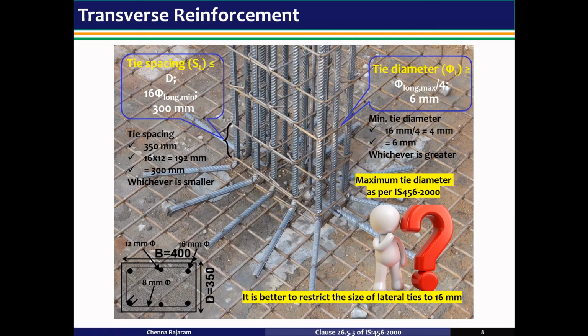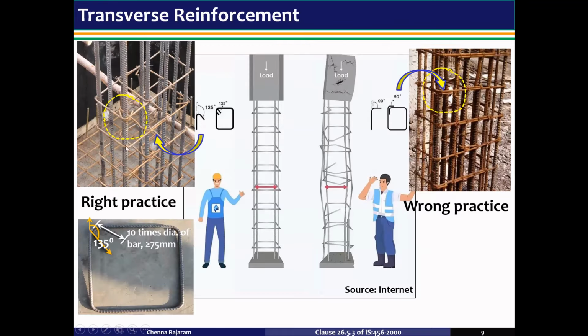The maximum tie diameter is not specified in IS 456, but it is better to restrict the size of the lateral ties to 16. The hook of the lateral tie is provided as 135 degrees rather than 90 degrees. 90 degrees is the wrong practice and 135 degrees is the right practice. And the extension of the bar is 10 times the diameter of the bar, or greater than or equal to 75 mm.